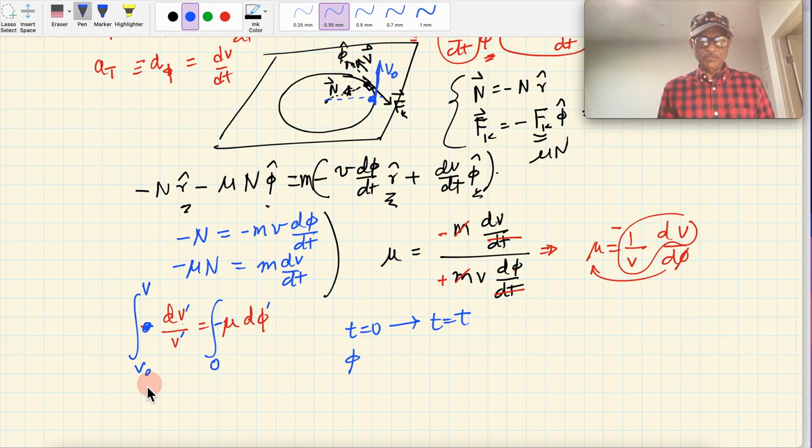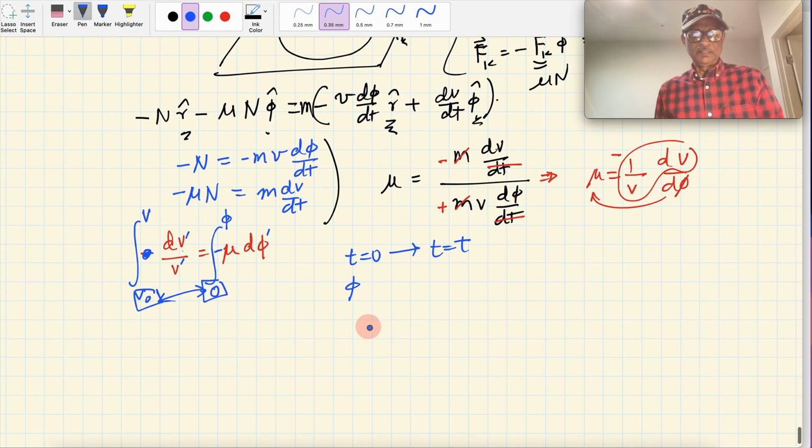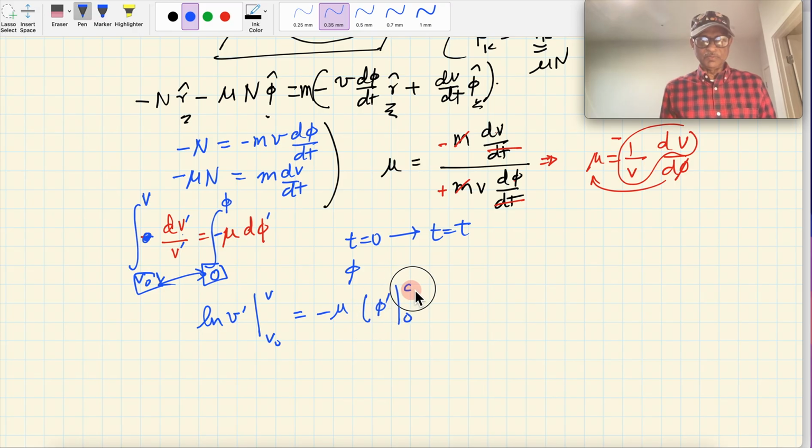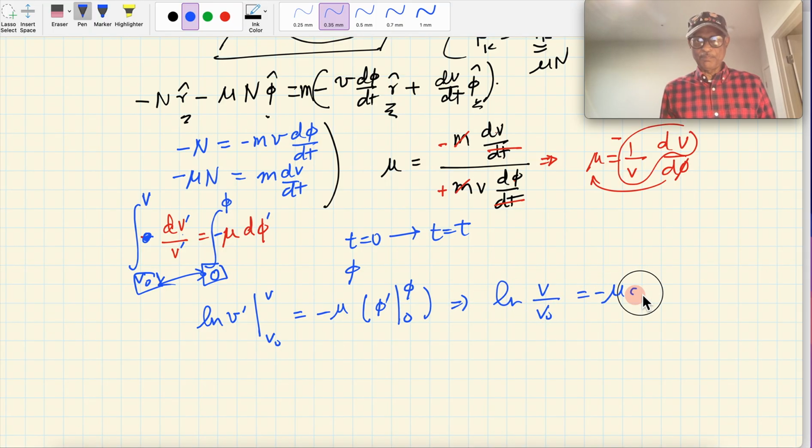So phi was 0 when that was the case, and phi will be phi at time t. So this is just log v prime from v0 to v, and this is minus mu phi prime from 0 to phi, so log v over v0 is minus mu phi, and v over v0 is e to the minus mu phi.